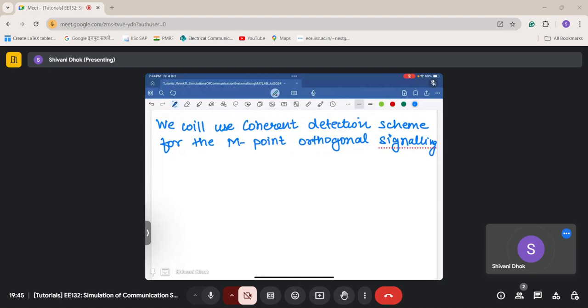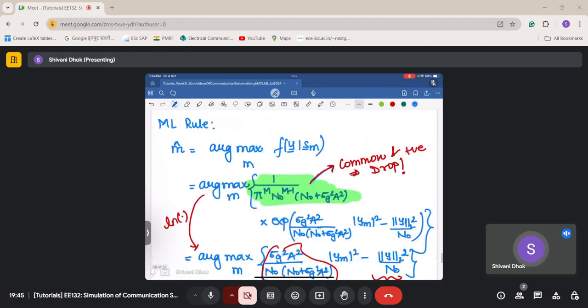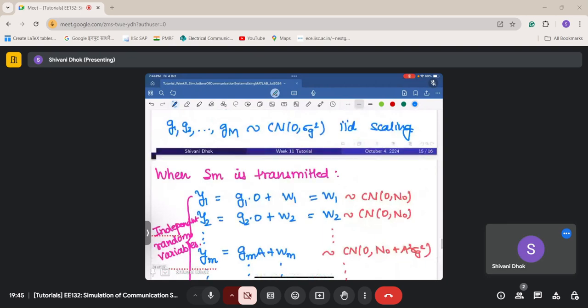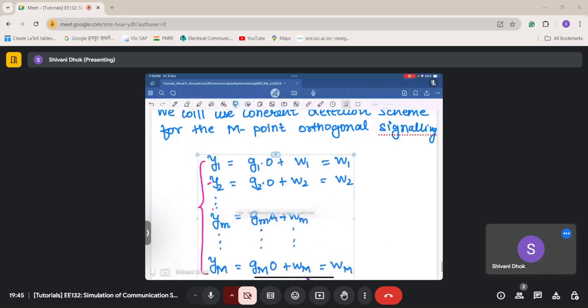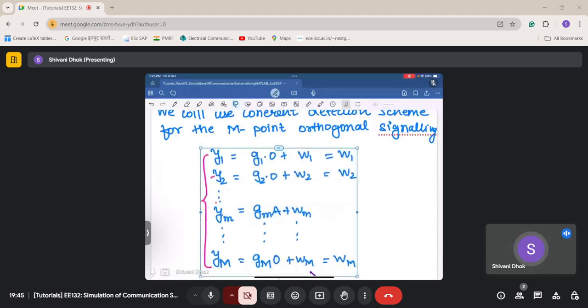Okay, so now we have the same receive equations, nothing changes. So I'll just copy paste them. Okay, this is what we will be receiving, nothing changes.